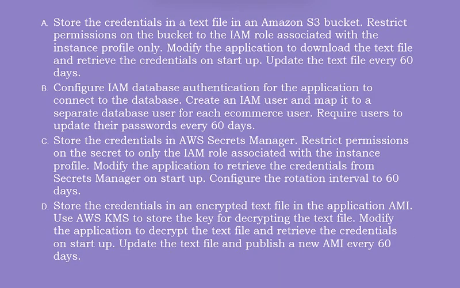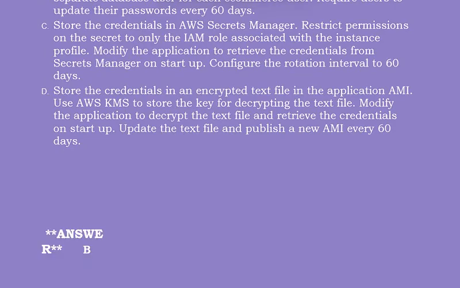Option D, store the credentials in an encrypted text file in the application AMI. Use AWS KMS to store the key for decrypting the text file. Modify the application to decrypt the text file and retrieve the credentials on startup. Update the text file and publish a new AMI every 60 days. Correct answer is option B.